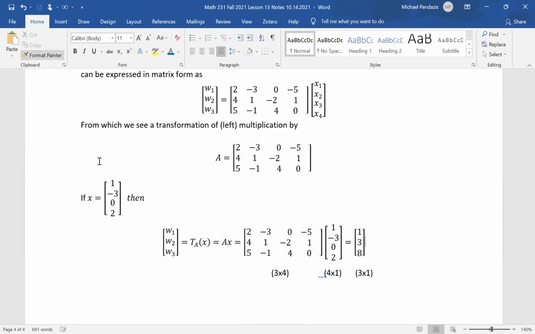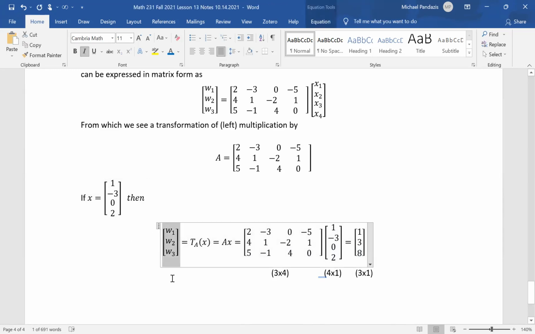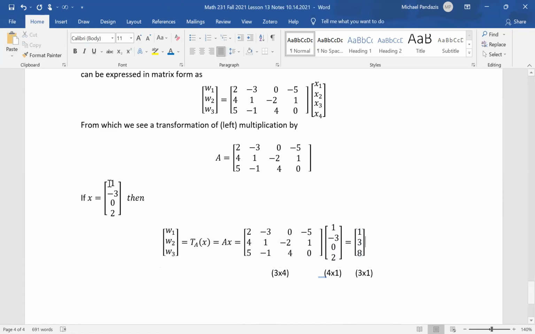Okay, so what we did was we found the components of the output vector. We found that W1 equals 1, W2 equals 3, and W3 equals 8, because this 3 by 1 vector is equal to this 3 by 1 vector. The only way two matrices are equal is if corresponding entries are all equal.